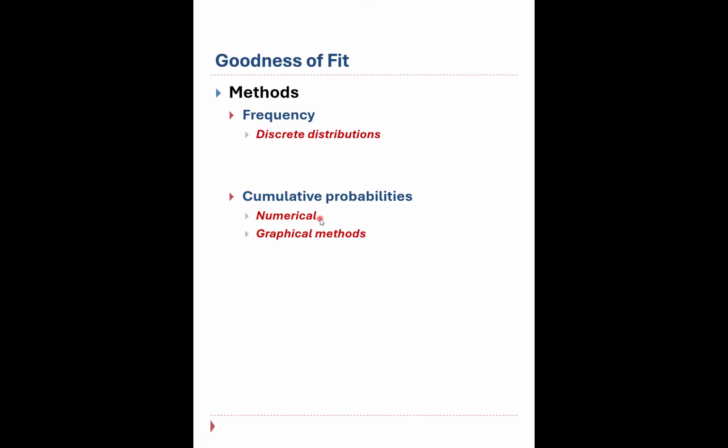So there are numerical methods like the Kolmogorov-Smirnov test, and there are graphical methods which are very interesting transformation of the numerical comparisons on a picture. So let's talk about the chi-square test.